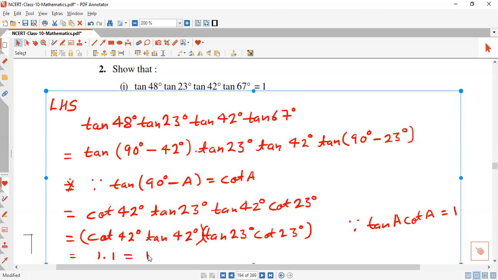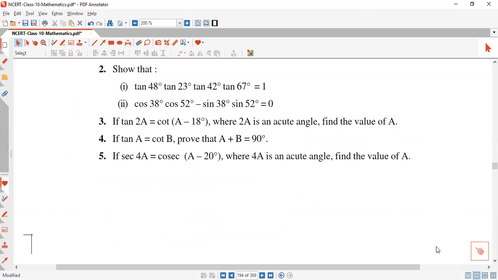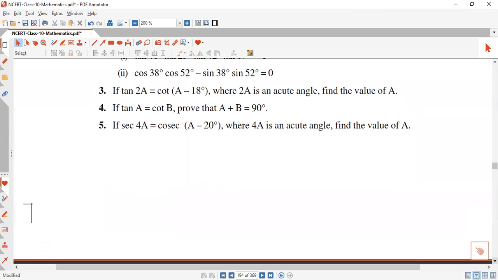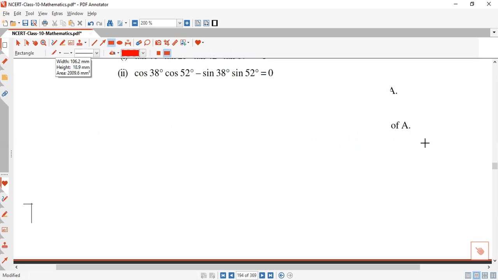Now, part 2. Part 2 says cos 38 degree, cos 52 degree minus sin 38 degree, sin 52 degree equals 0. We have to prove this one, starting from the left hand side.